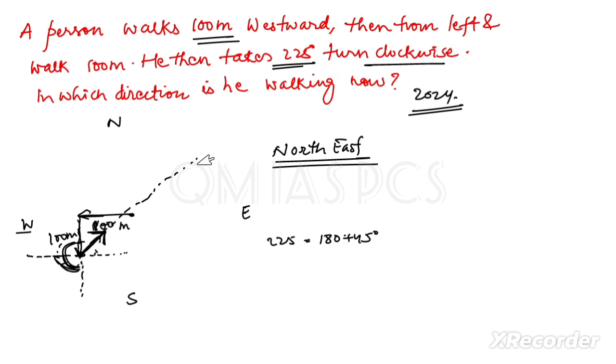Is it clear? So you have to understand what is clockwise direction and what are the angles. If less than 180-degree, then that's fine, you can easily find that one. But if more than 180-degree, then it will be a little difficult. So never consider another line and write that this angle is 225 degrees.